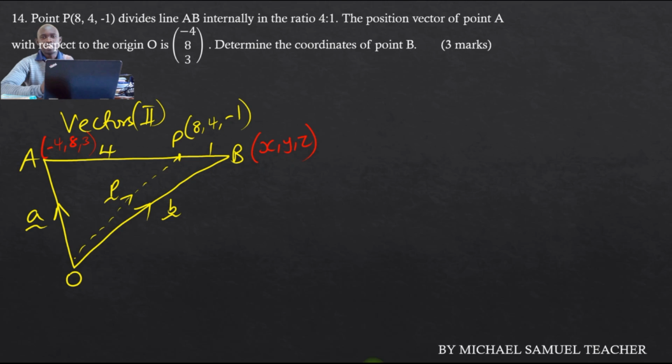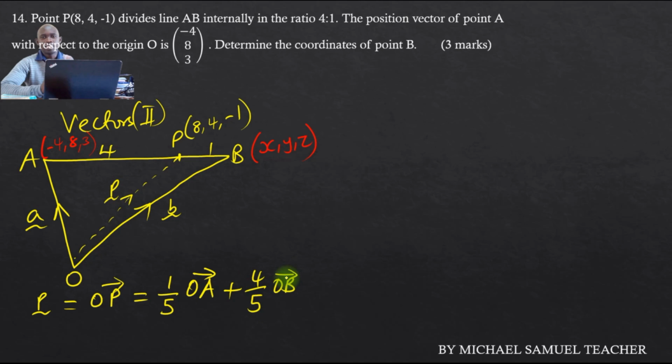If you use the ratio theorem, then OP will be 1 over 5 of OA plus 4 over 5 of OB.